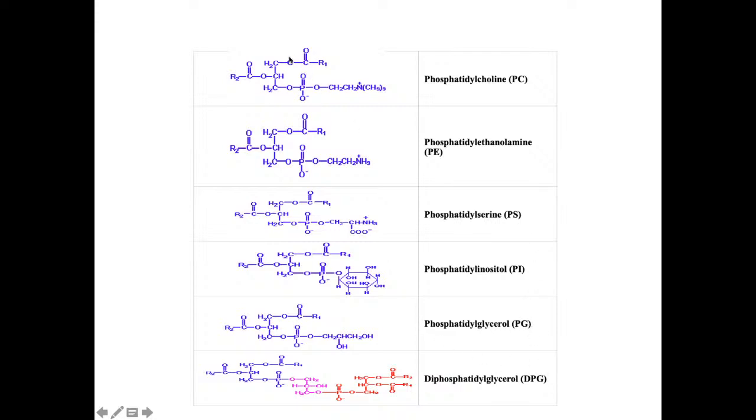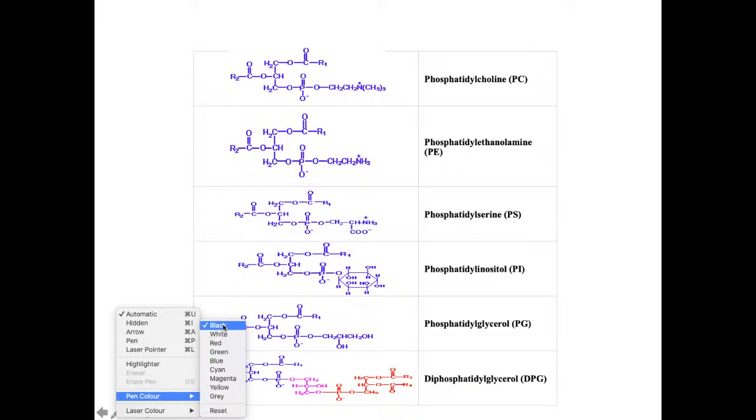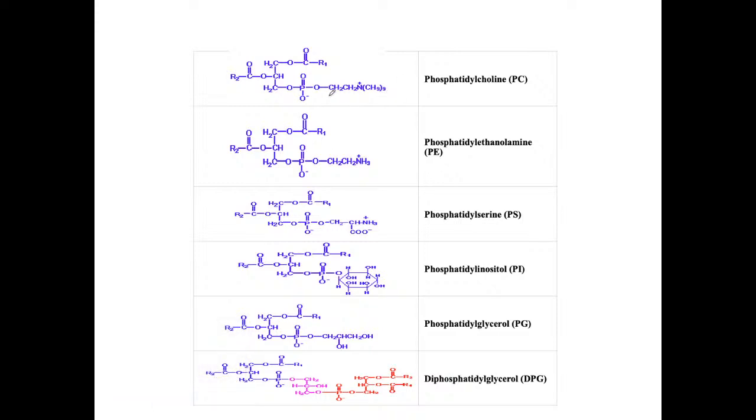In all these structures we can see three carbons. The carboxyl group with the side chain, phosphoric acid is attached, then choline is attached here. This is choline. This is ethanolamine. This is serine. This is inositol.